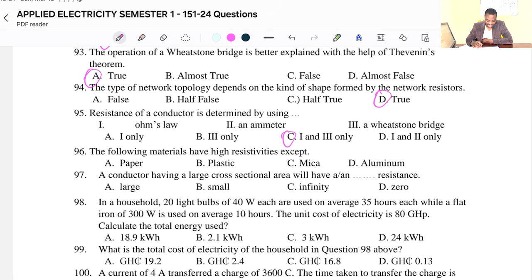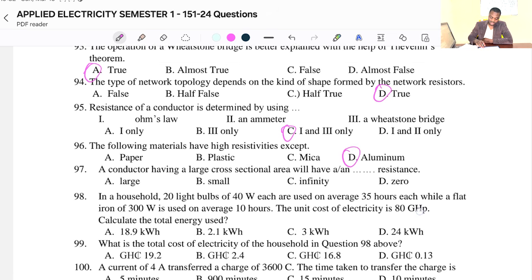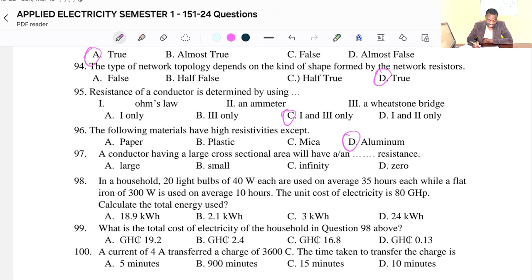The following materials have high resistivities except, so which one? Paper is an insulator, so it's supposed to have a high resistivity. The same for plastic and mica. They are all insulators, so their resistivity is very high. Then we have D, which is aluminum. Aluminum is a conductor, so its resistivity will be very small. So the answer is D.